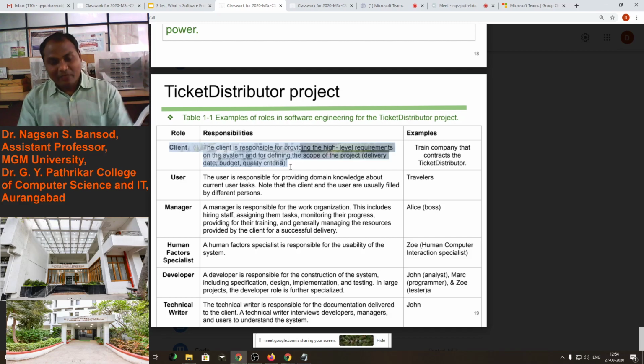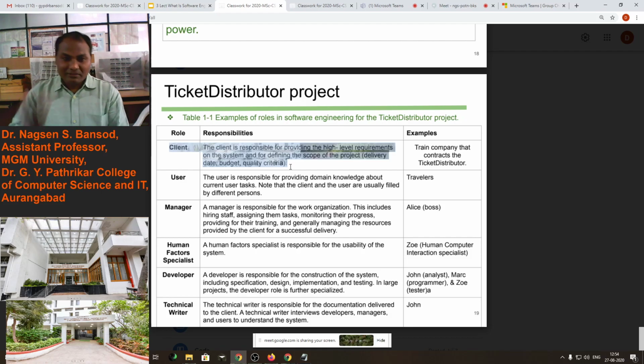Okay, therefore the bus conductor knows details about the passengers' problems and information. There are passengers less than 12 years and passengers greater than 50 or 60 years. They have the half ticket or quarter ticket option.